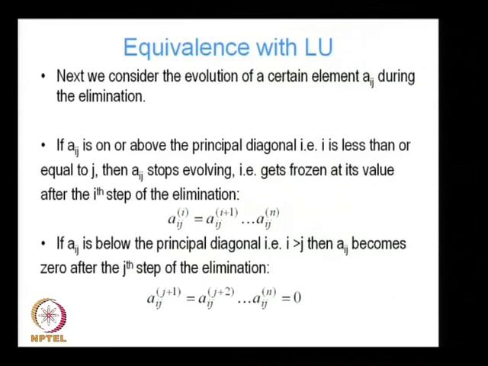We are going to get an upper triangular matrix, which means that the elements below the principal diagonal are all going to be 0, and any a_ij reaches its final value 0 after the jth step of the elimination. So, a_ij^(j+1) is equal to 0, and it is going to remain 0 for the j+2, j+3 through nth step.